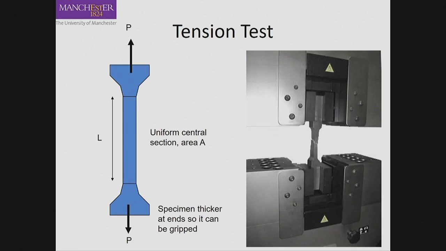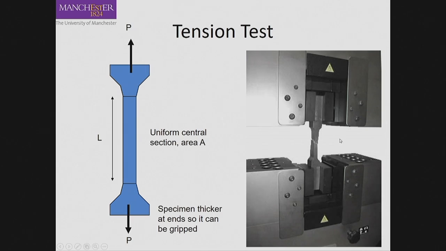So if you do want to know what is the strength of a material under tension, for example, or how it will fail, you take a sample of that material and put it in something called a tensile testing machine.